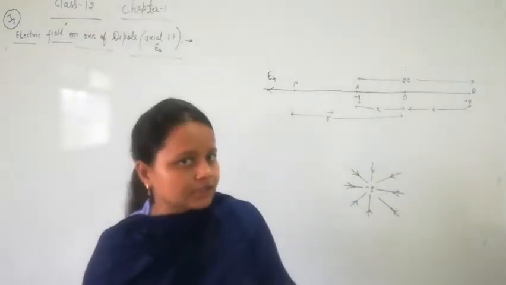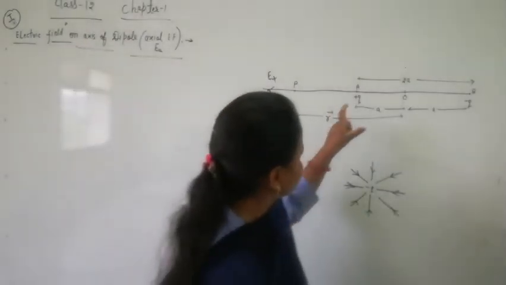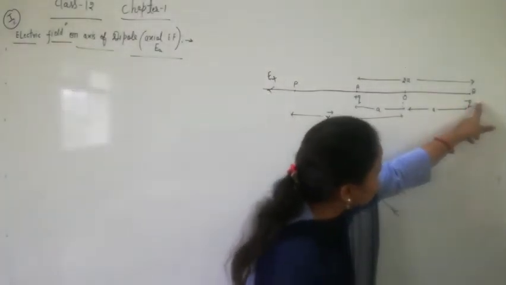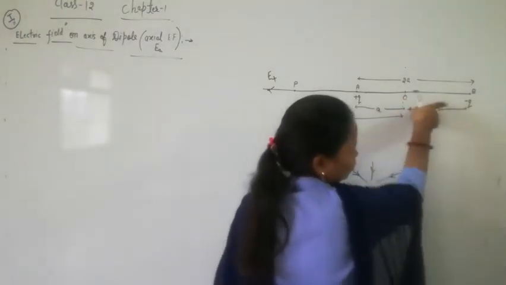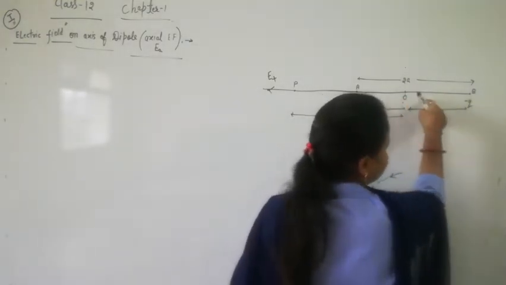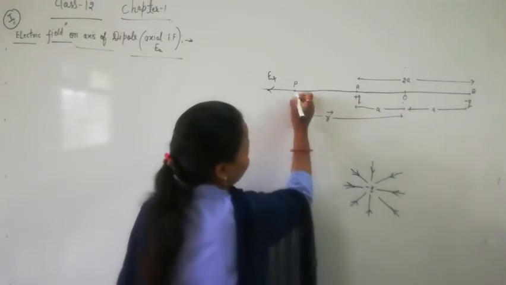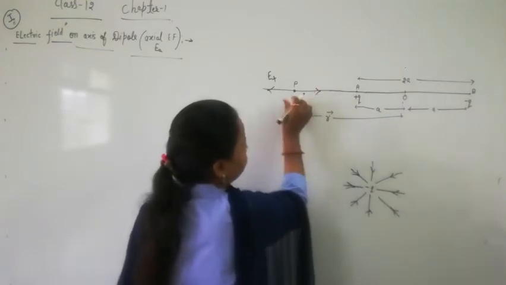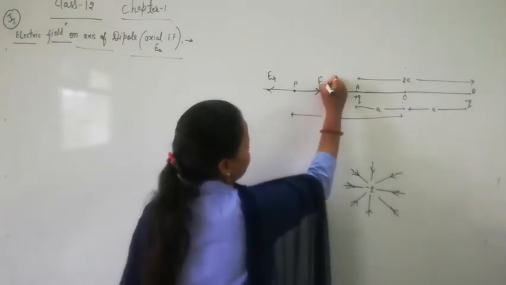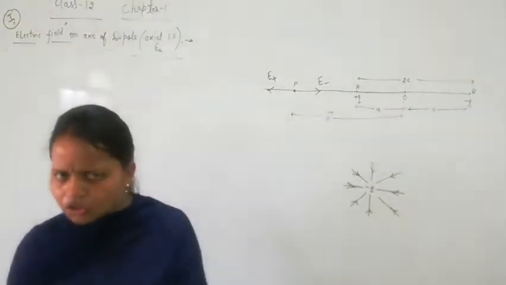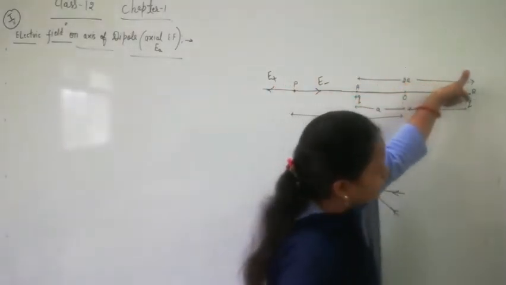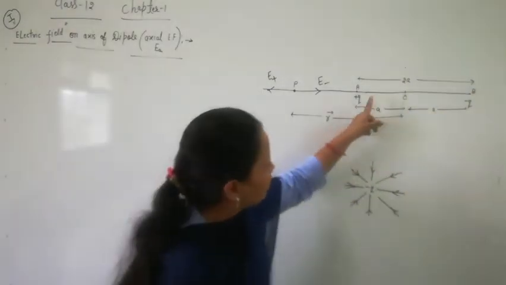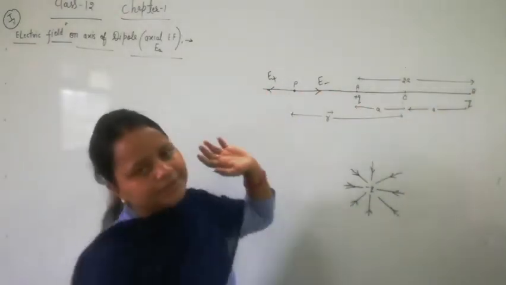Negative charges attract the electric lines of force. So here the negative charge is here, and on the axial axis the field is directed towards the negative charge, and away due to the positive charge.